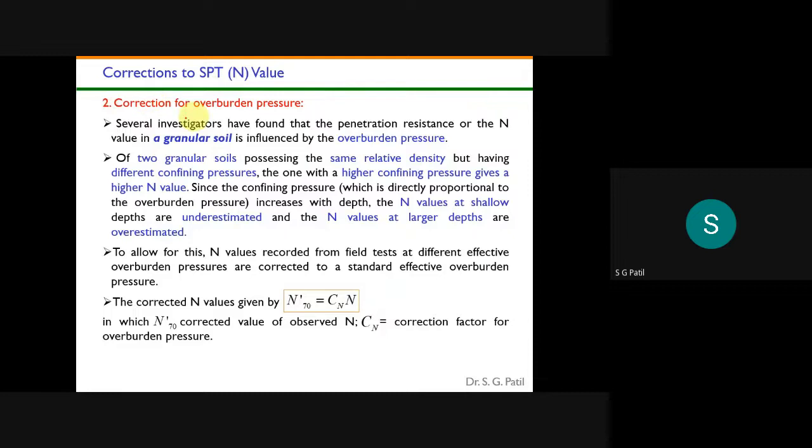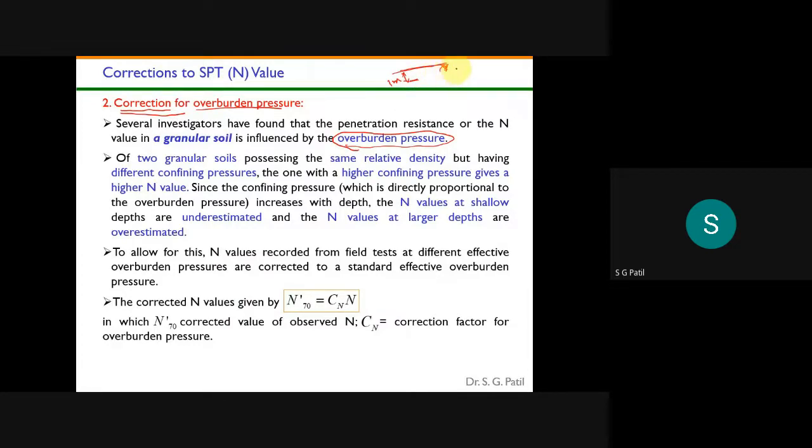Another kind of correction is overburden correction. Several investigators found that in granular soil, N values are altered depending on the overburden pressure. I will take one example. Suppose this is your ground, and you have done the SPT test at 1 meter depth.